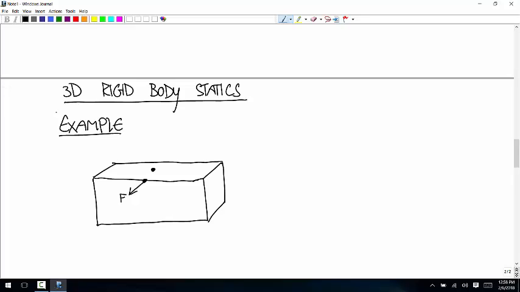Two components of a couple acting in the middle of the top face. So that component of the couple is 100. All these are in newtons and newton meters, so the couples are in newton meters. That one is 300 newton meters.